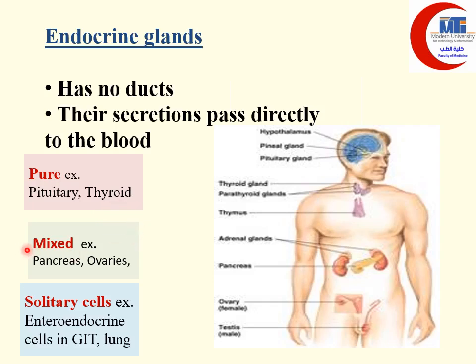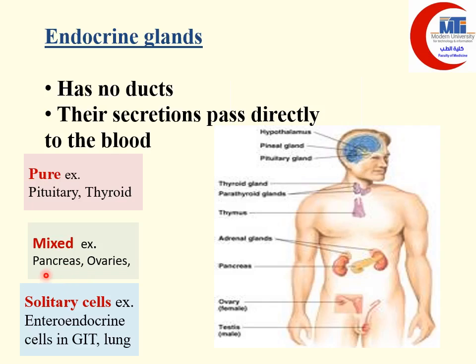Mixed gland means that these glands have an endocrine part and an exocrine part, as the pancreas. The pancreas contains a part called islets of Langerhans, which secrete hormones directly into the blood, and also contains the pancreatic acini, which secrete digestive enzymes through ducts to reach the duodenum to help in digestion.